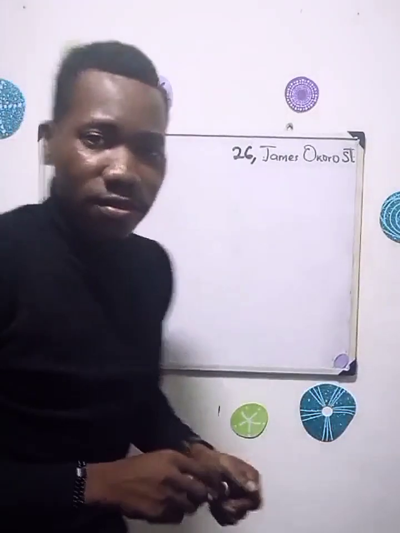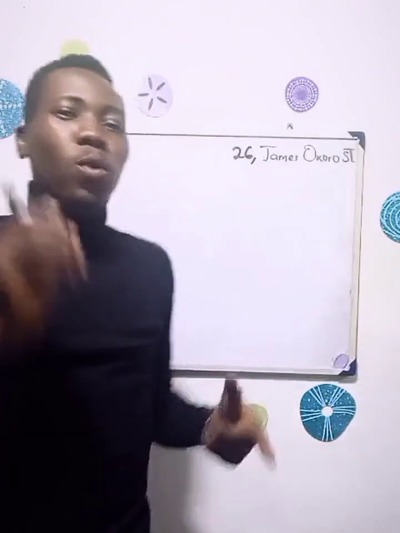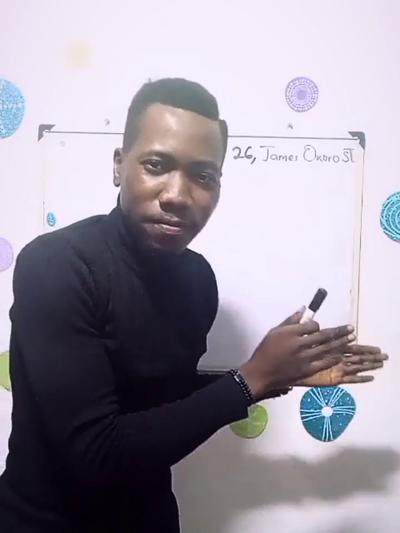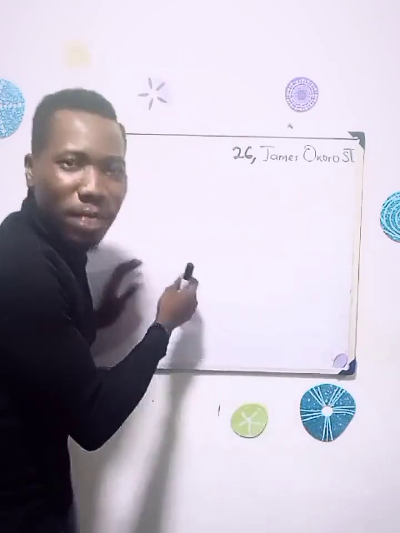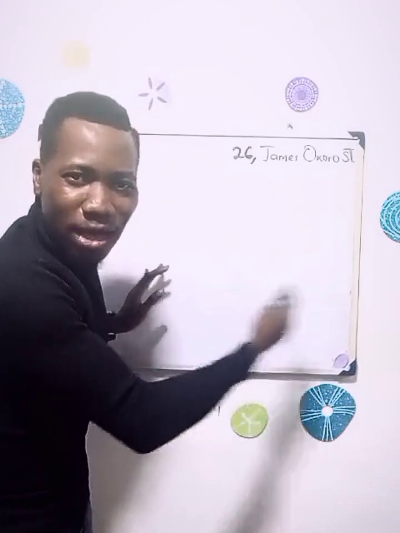Please, I failed to say this. When you're writing a formal letter, there are things you should not do. One is that you don't abbreviate; there is no abbreviation in a formal letter, though you can abbreviate in an informal letter. Two, there is no use of slang in a formal letter. The tone of a formal letter is official, not casual. You don't come into a formal letter saying how are you; you are writing to someone you don't know and they don't know you.